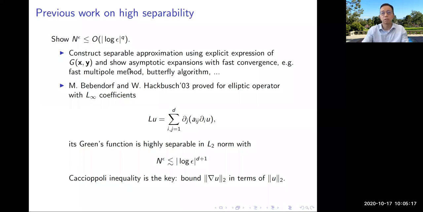Then you have to know the explicit expression of the Green's function and expand it using some analyticity, and you can see the expansion converges very quickly. That gives you a separable expression, a constructive way to show it is highly separable.